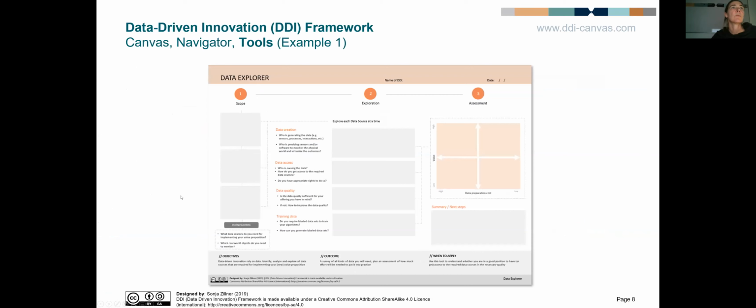But maybe we can indicate on the canvas how to continue with this kind of deep dive. Those questions are all addressed there, but we could make the link more obvious. I think this is a good idea. We will think about this. Thanks, Jean-Christophe. Here you can see, Sonja, I'm just showing on the screen the one tool, the Data Explorer, as I just mentioned.